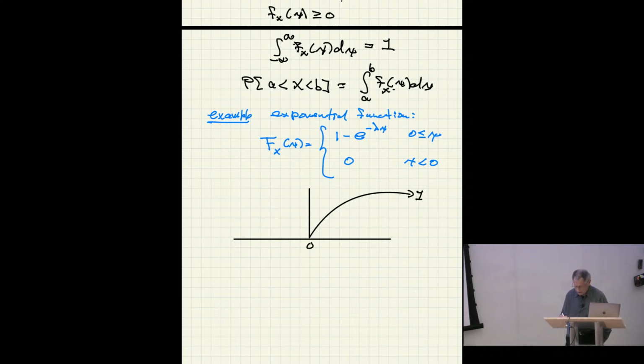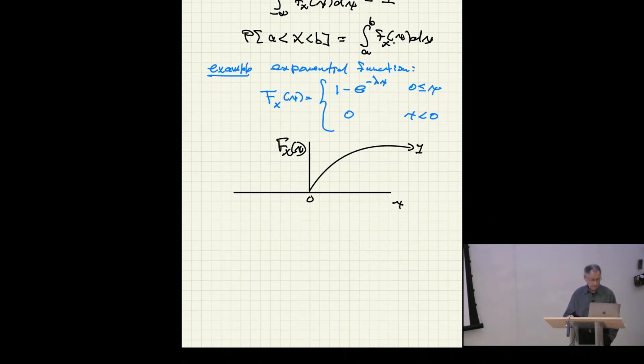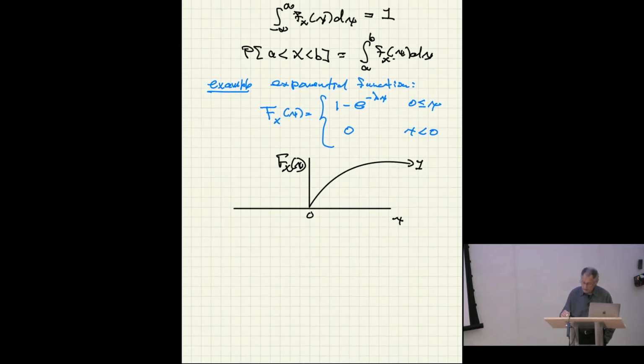It starts off at 0, this little x, this is a capital F sub x of x. And the expression is what I gave in blue. Similarly, its density, let me write this in blue. Little f sub x of x is equal to what? We'll just differentiate the thing above, and I'm going to get lambda e to the minus lambda x for x greater than or equal to 0, and 0 for x less than 0.